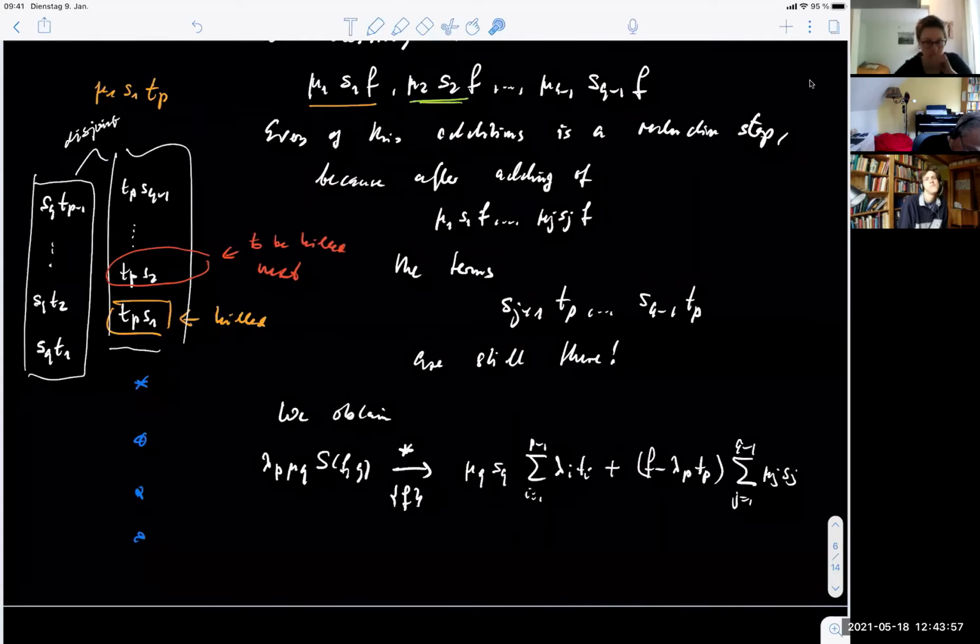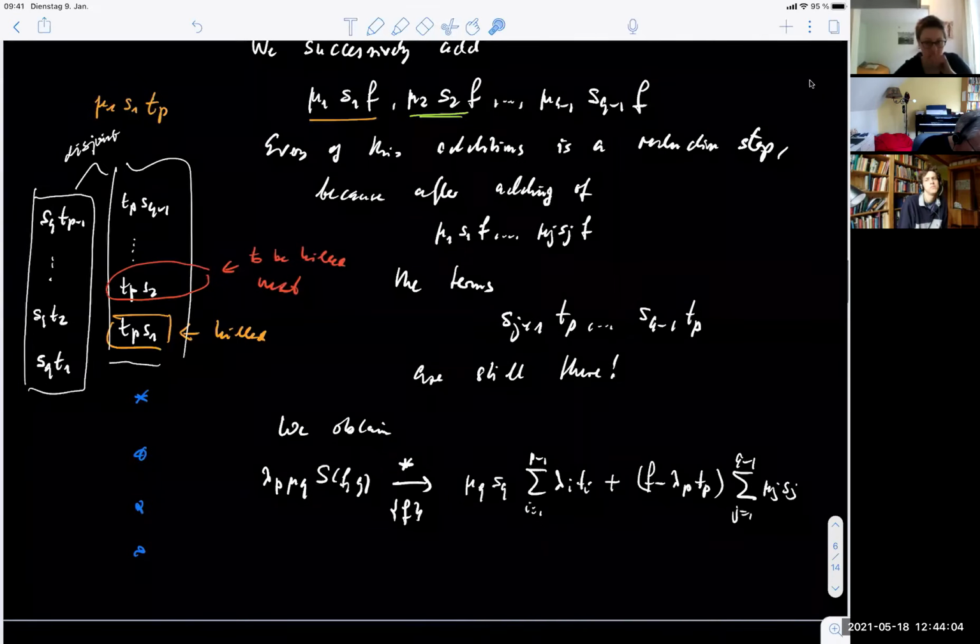I'm just thinking why there is the minus lambda PTP here. Give me a second. So, okay, I add these multiples to F.